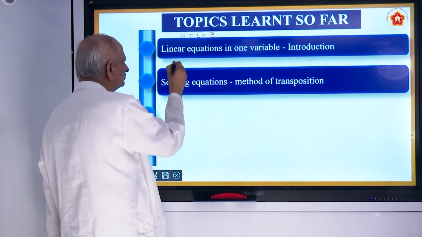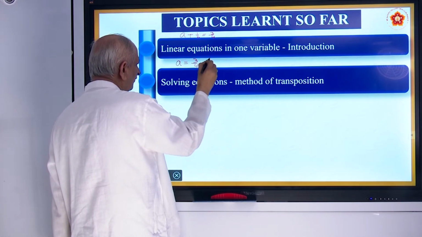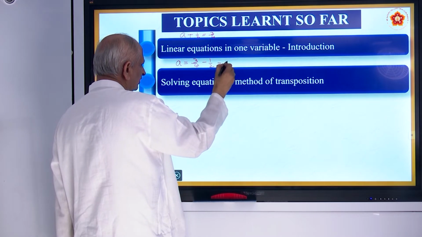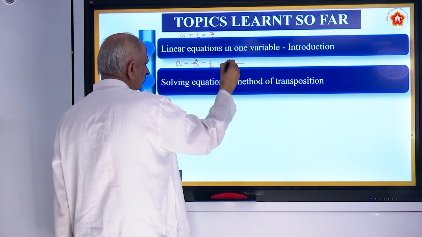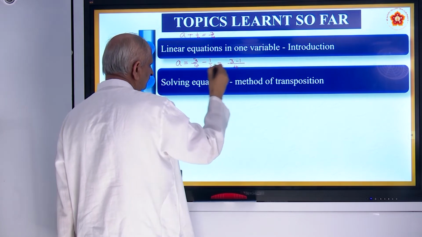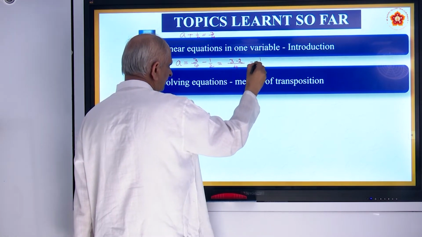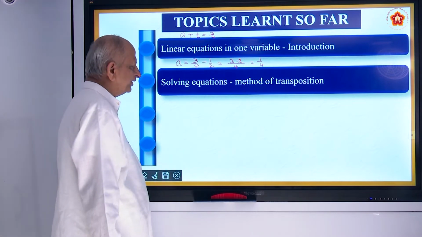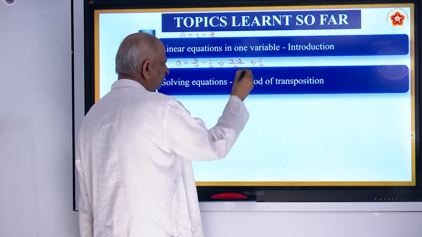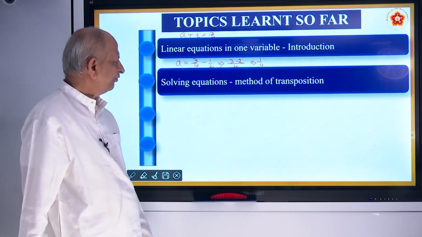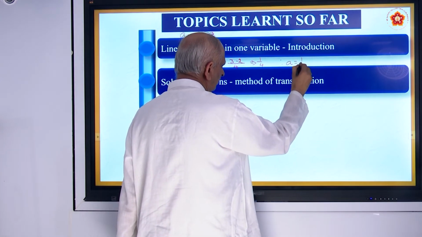Here, the value of a becomes 3 by 4 minus half. Take LCM, 1 by 4. So 3 minus 2, correct? That is 1 by 4 is the answer. That is called solving the equation. Solving the equation means finding the value of the unknown. Therefore, a is equal to 1 by 4 is the answer.